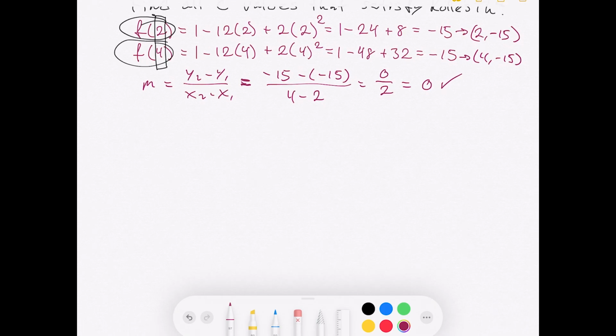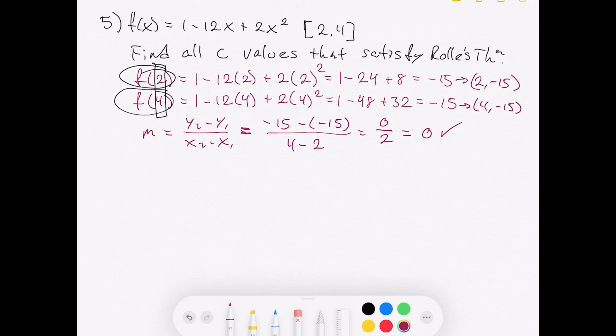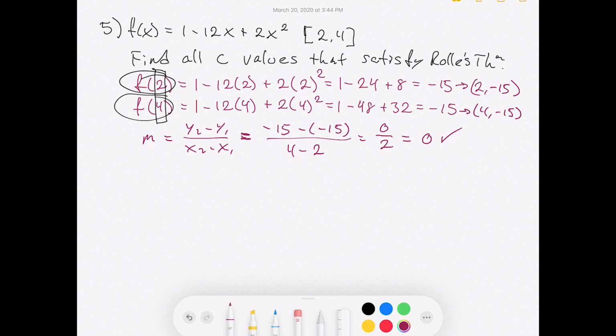Actually, the other conditions that we have not addressed are the fact that the given function is a polynomial, and since it's a polynomial, it implies continuity everywhere, and so definitely on the closed interval from 2 to 4. Polynomials are also differentiable everywhere.